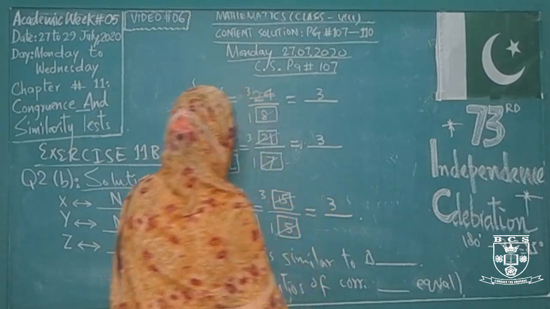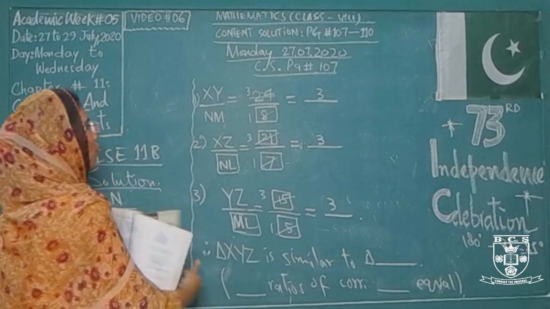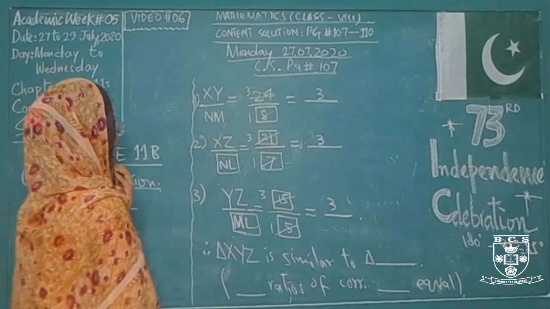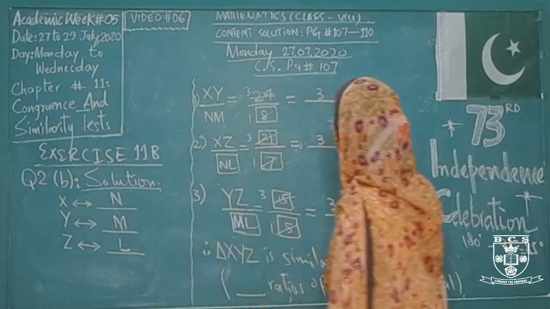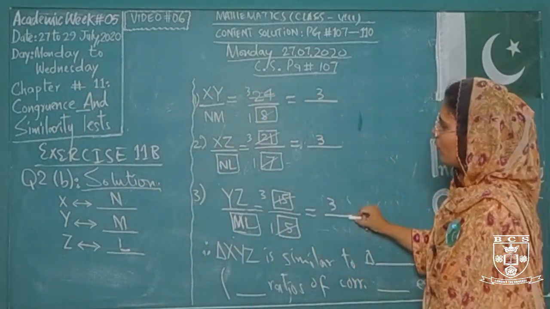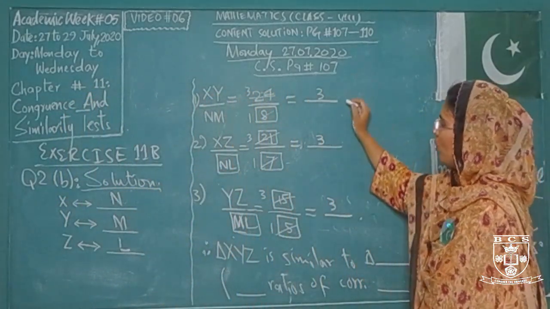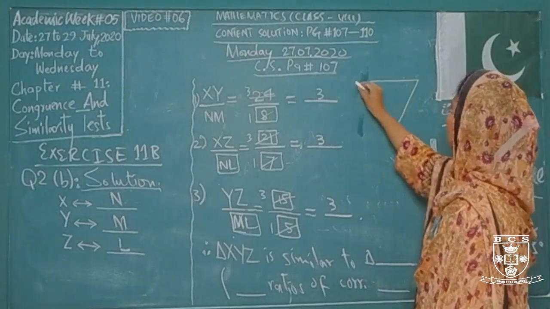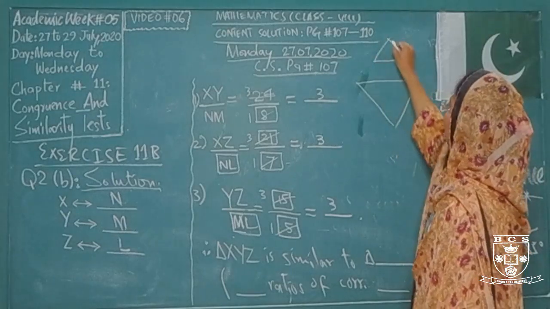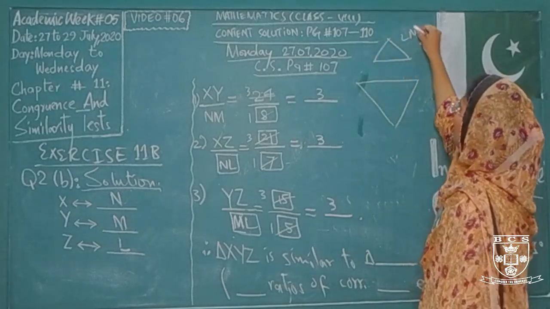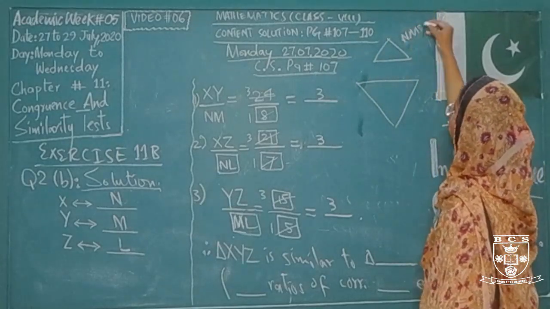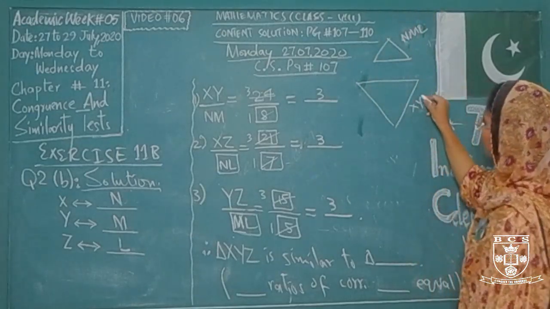And as you can see, after mentioning these corresponding sides and their measurements according to question number 2 part B, the 3 different ratios are equal to each other, meaning that the 2 different triangles, yes, are N, M and L, and this is X, Y, Z.